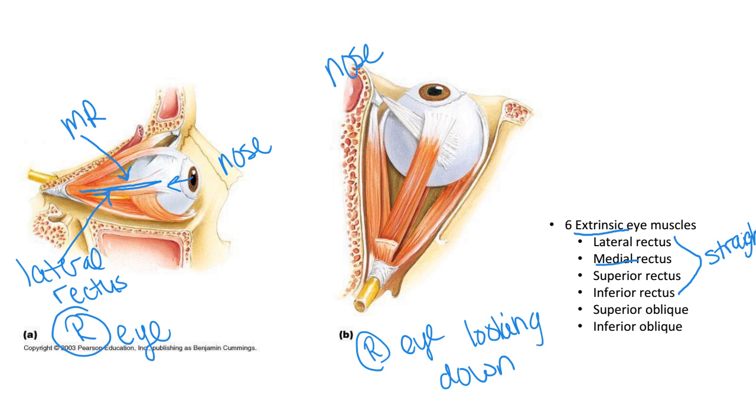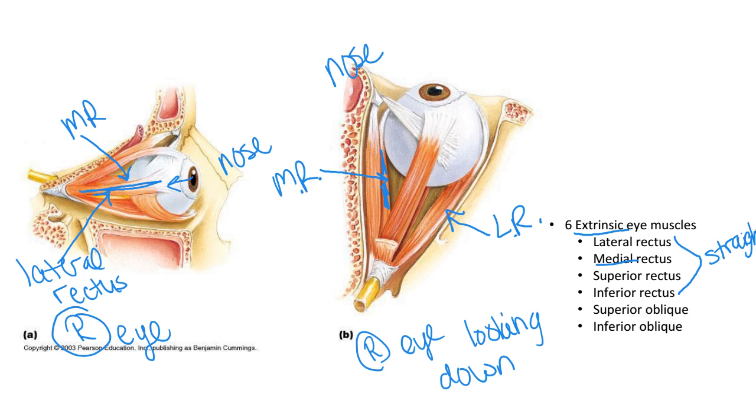There's the medial rectus. It's going to pull the eye medially. So if I look at this picture where I'm looking down on top of them, on picture B here, this is my lateral rectus here on the lateral side, pulling my eye laterally. And this one here is my medial rectus, pulling my eye medially.